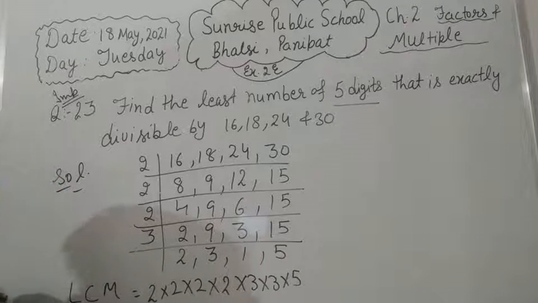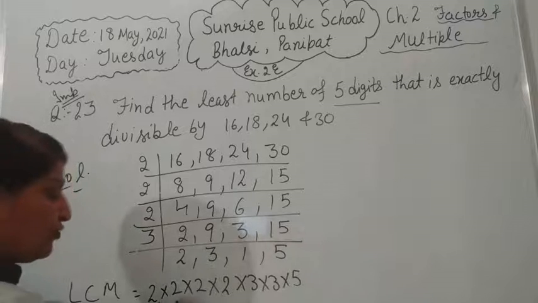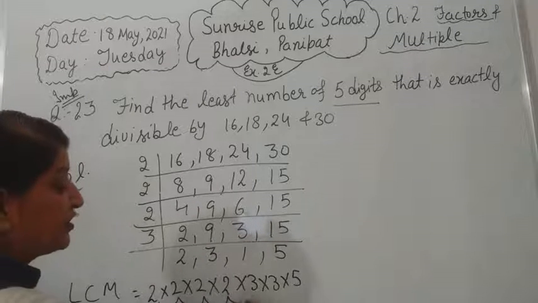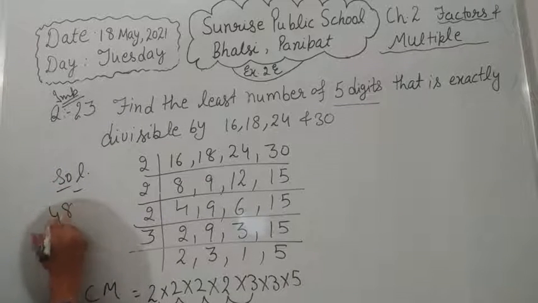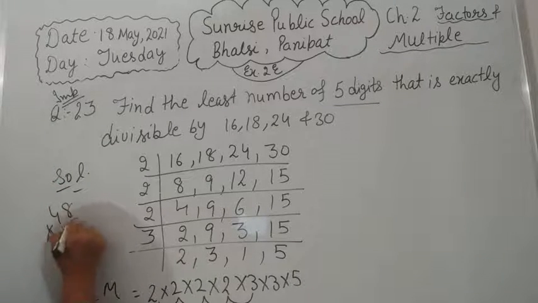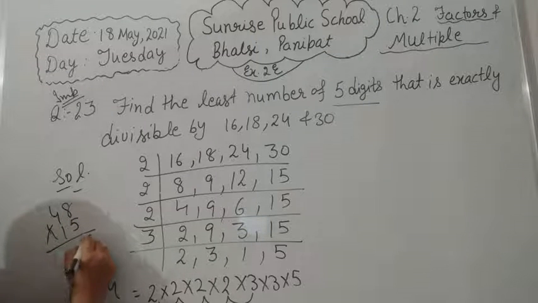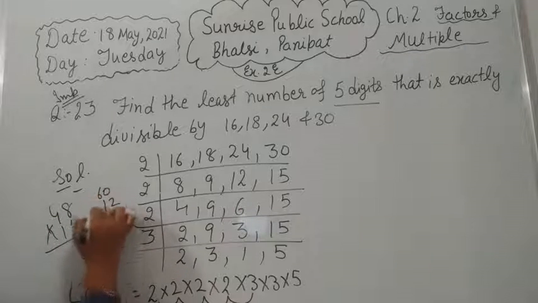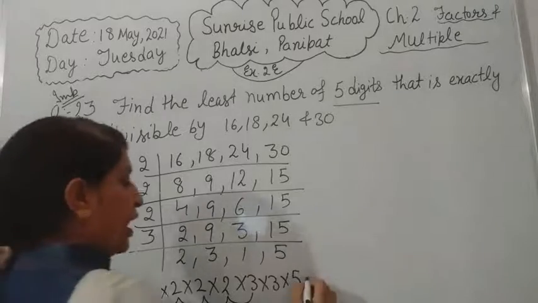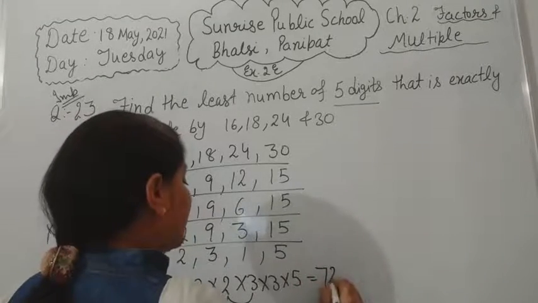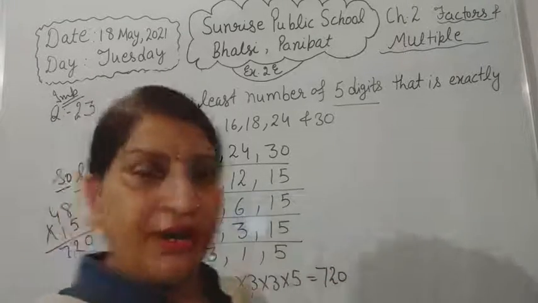Now we have to multiply all these numbers. 2 2s are 4, 4 2s are 8, 2 8s are 16, 3 16s are 48 and 48 multiplied by 15. 15 8s ja 120, then 12 carry, 15 4s ja 60 plus 12 that is equal to 720. Now your LCM is equal to 720.